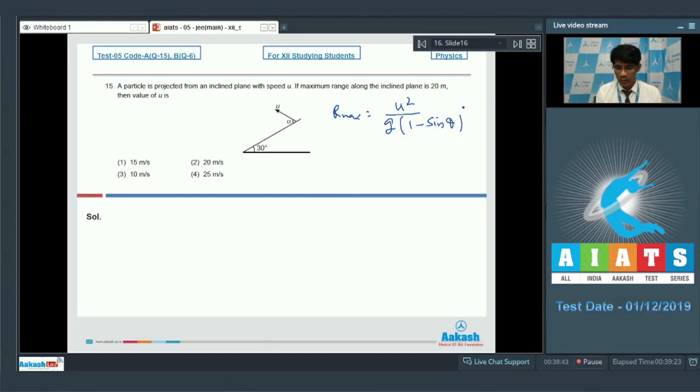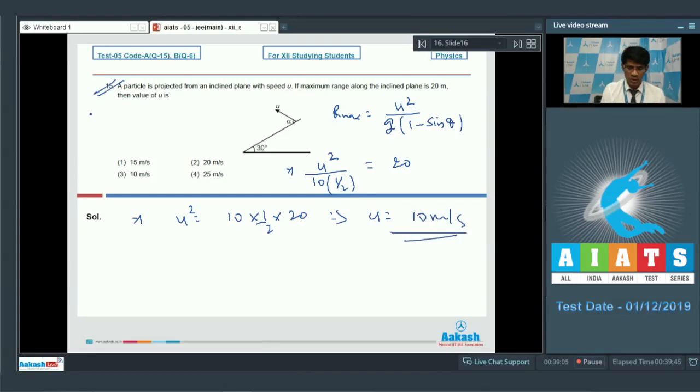And it's been given to be 20 meter. So I would simply say u square divided by 10, times (1 minus sine 30), which comes out to be 1 by 2, is given to be 20. Or u square is equal to 10 into 2 into 20, so u is equal to 10 meter per second. That's the answer for question number 15. Option 3 is the correct answer.